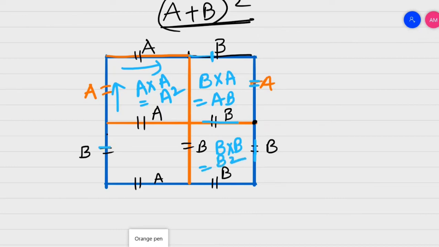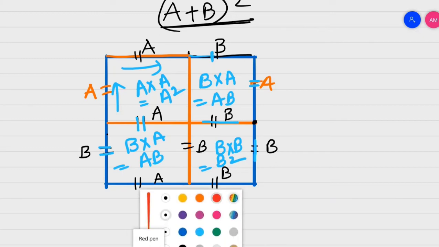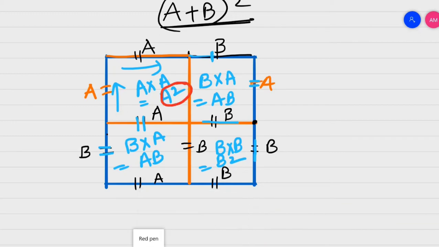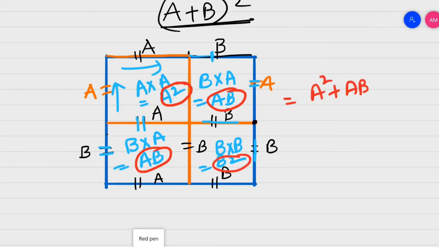Now here you see this part is B and this part is A. So again B into A or A into B, whatever it is, you are getting AB. Now children, simply try to understand what you are getting. A square plus AB plus AB plus B square.